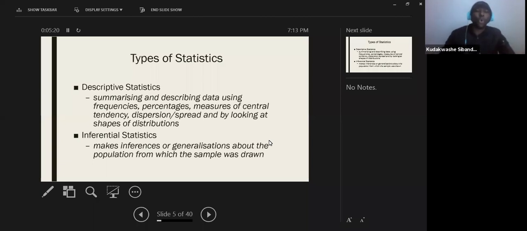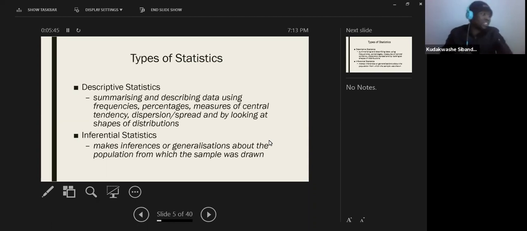You can't go and ask each and every person in South Africa that is a victim of gender-based violence. So what you do is you look for a certain section, a geographical area, and then you take a sample. But the result that you get from that sample, you infer it or you generalize it about the population that is within South Africa. So that's where inferential statistics comes into play.